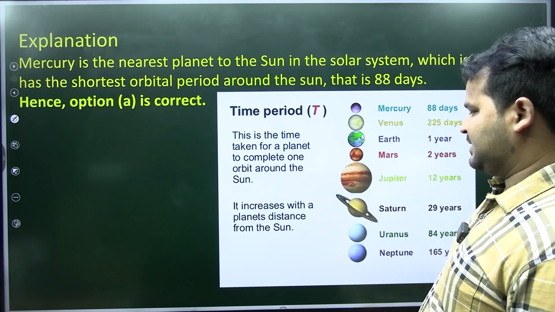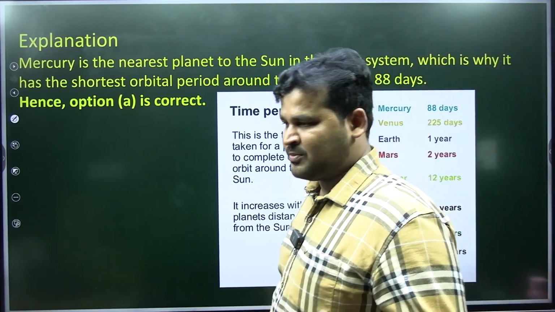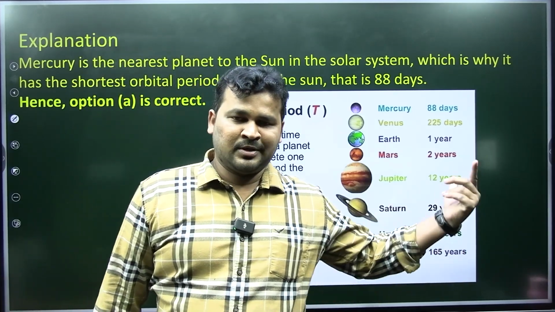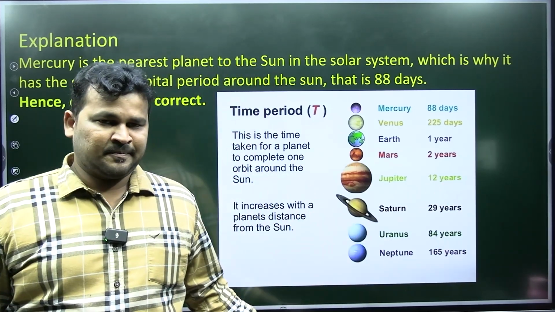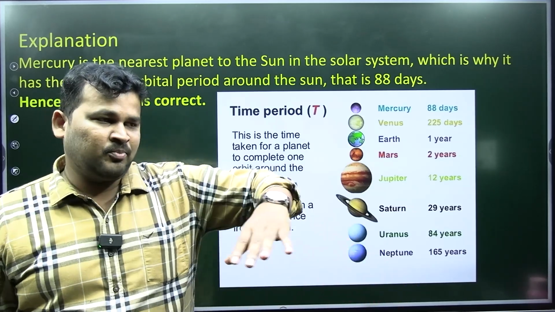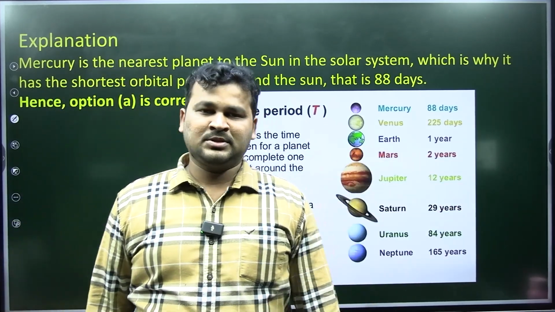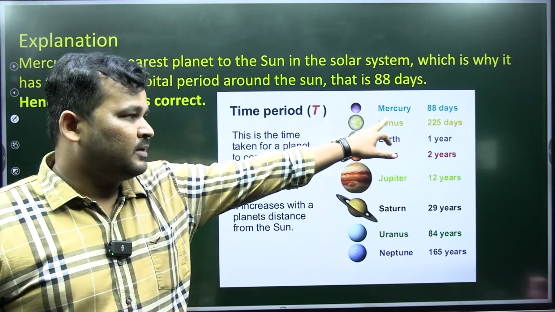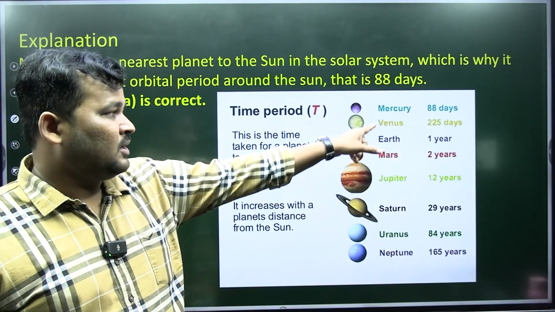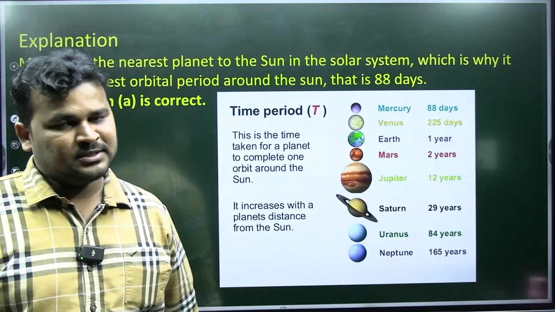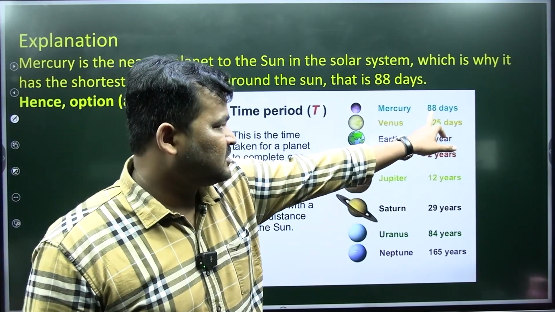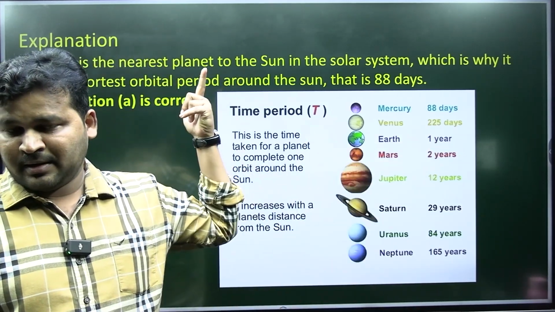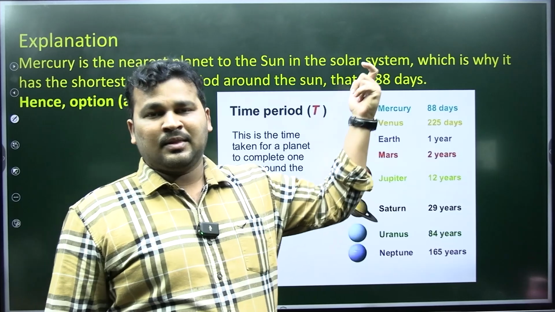So as the distance increases from the sun for these planets, they are taking more time to complete revolution around the sun. So this is the actual distance from the sun: Mercury, Venus, Earth, Mars, Jupiter, like that. So their time periods also increase in this manner. So the reason is satisfying the assertion.